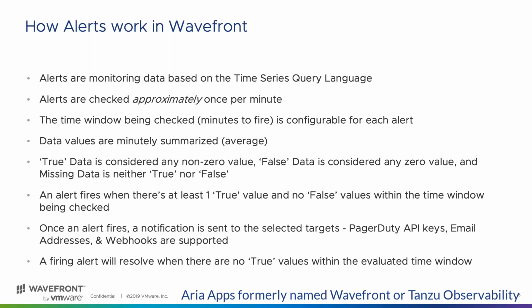Like I mentioned, we have a customer that has something on the order of 50,000 alerts. That customer is also ingesting on the order of 2 million data points per second into the system, and they're querying out on the order of 20 million data points per second out of the system. It's a pretty heavy load.